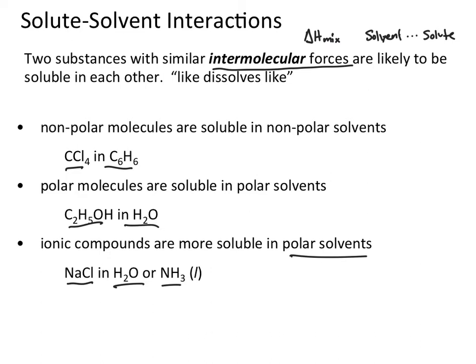So a polar solvent like water or NH3 is going to allow a solution to be formed because the partial positives and partial negatives on the polar molecule will be attracted to the ions that are present in the salt.